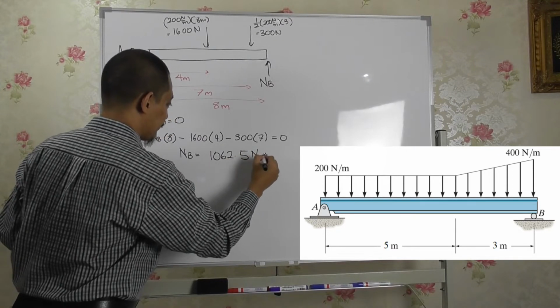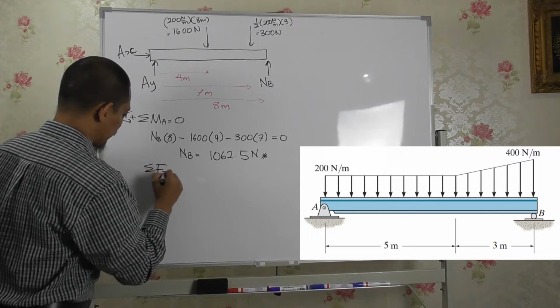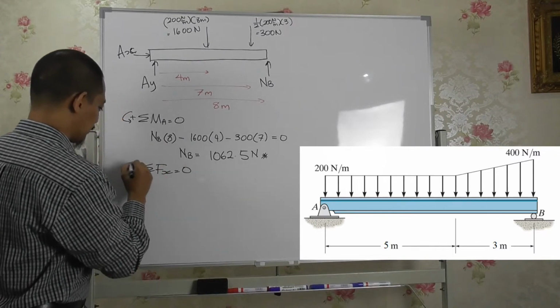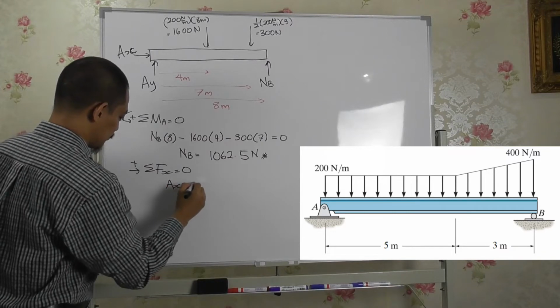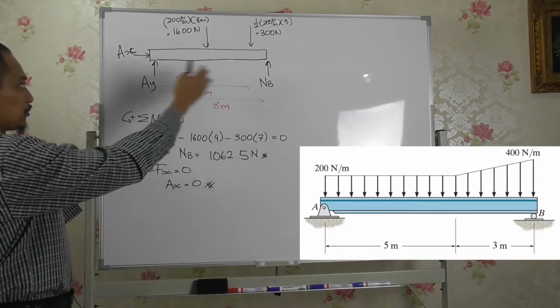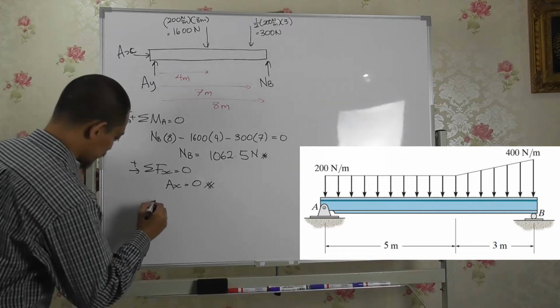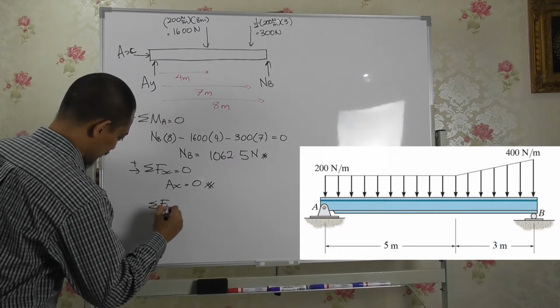Newton, right? Then you have summation of Fx equal to 0 if you take right as positive, so again you have Ax equal to 0. So there's no horizontal forces in this question, so this is quite a bonus question, I guess.